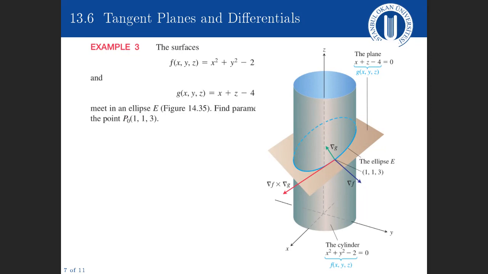We are asked to find parametric equations for the tangent line to the ellipse at the point 1, 1, 3. So if I can try to draw on here, we're asked to find parametric equations for this red line.